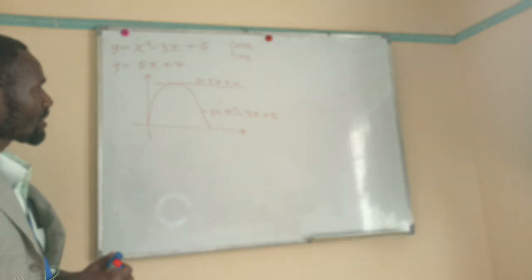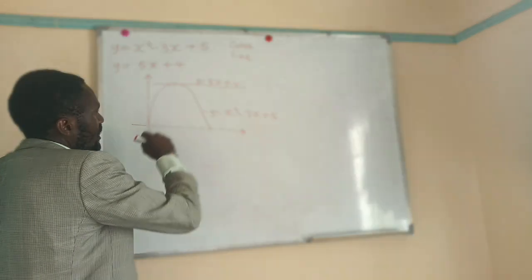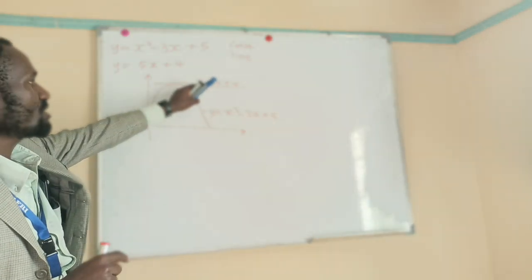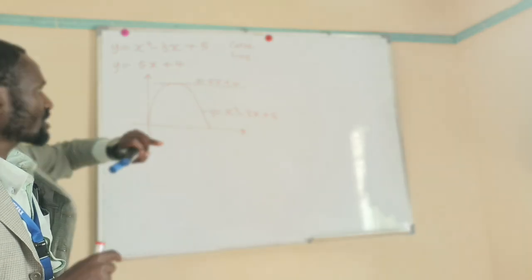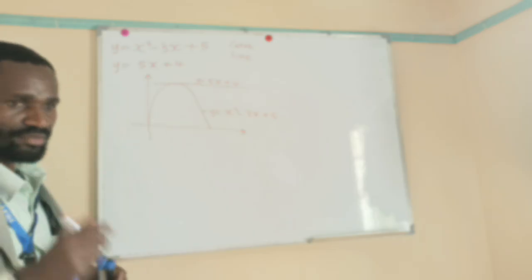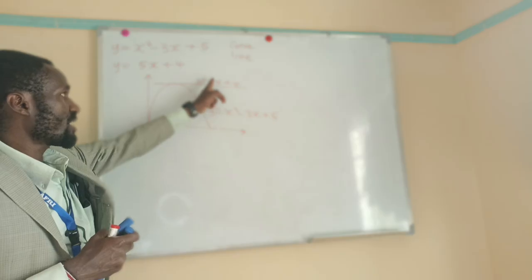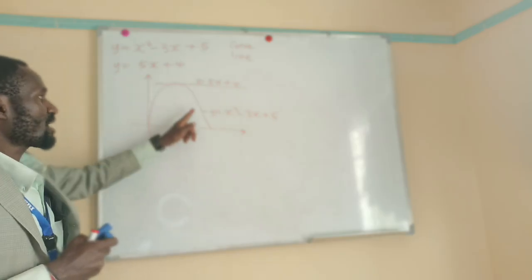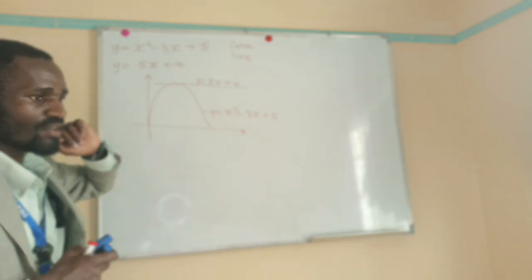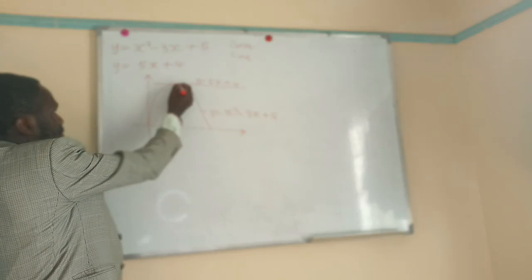So what do we do first? We are supposed to know that if we have the equation of a curve and the equation of a straight line, we can use the concept that the gradient of a line that is parallel to a curve should be equal to the gradient of that curve at the point where they intersect.